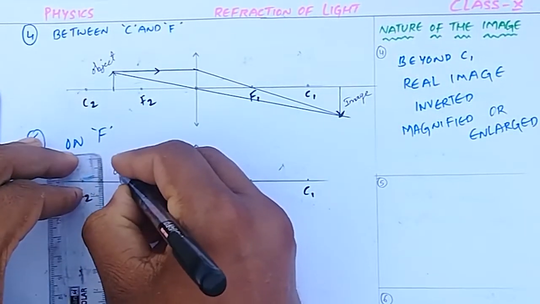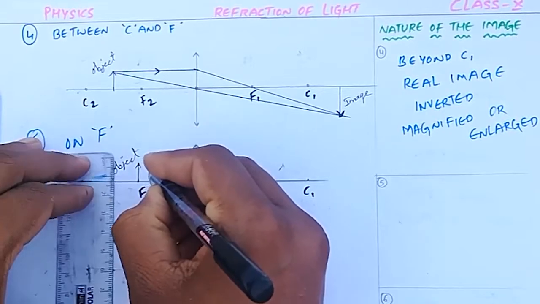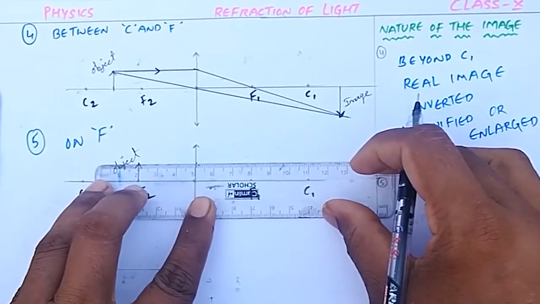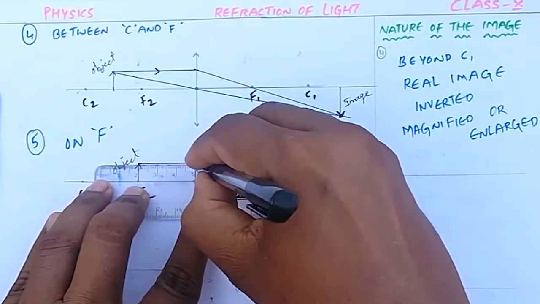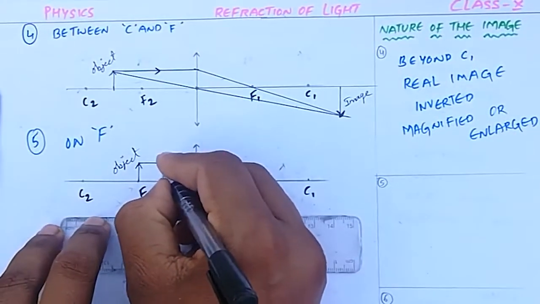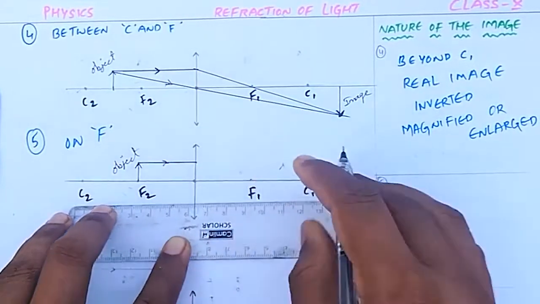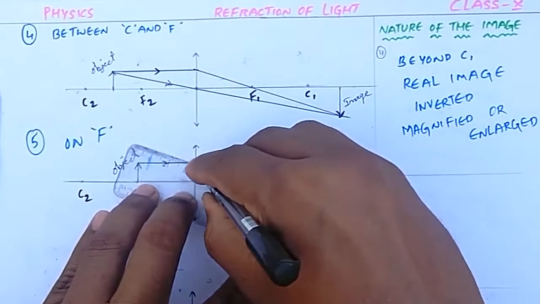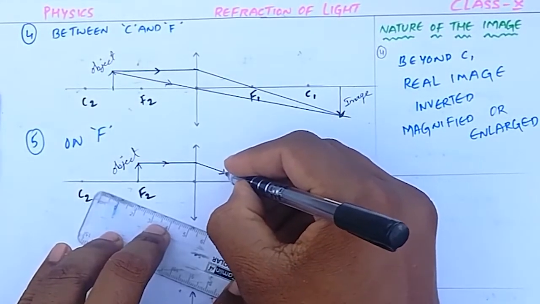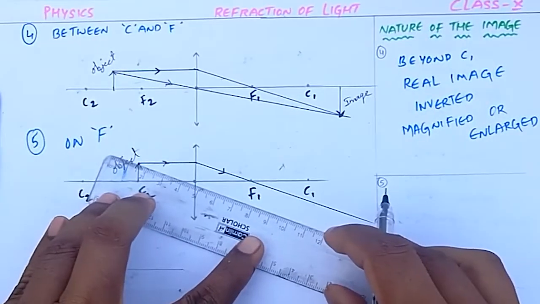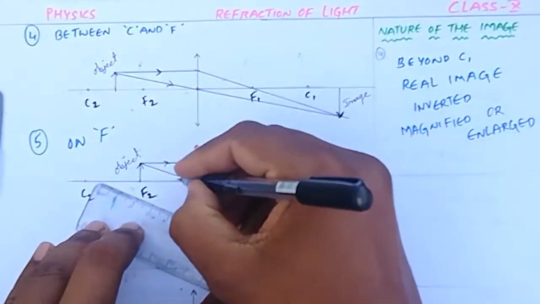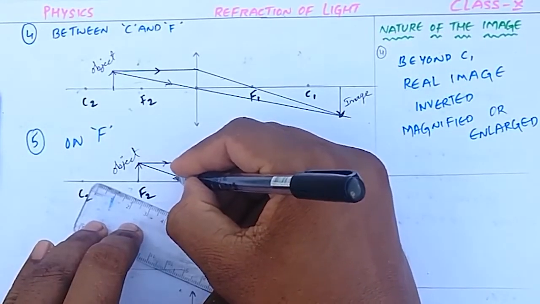First the same thing: draw the horizontal line onto the lens, these are also incident lines, then converge it at the focus. Now from the same top, passing through the optic center, draw the line.